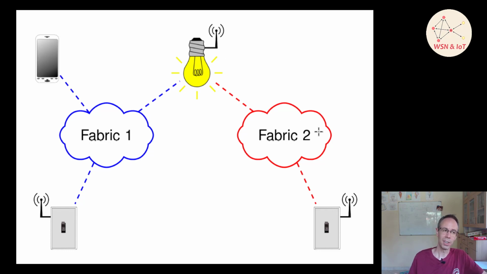This is important when you're having different kinds of ecosystems from different companies, for example. They are slightly different and it's not the same fabric. You can still bring your lamp into both of these fabrics, and the switch from one fabric can then change the state of the lamp, and also from another fabric the switch can also change the state of the lamp. Yeah.